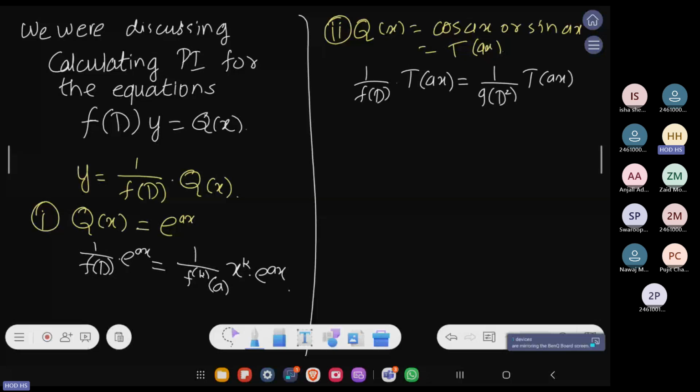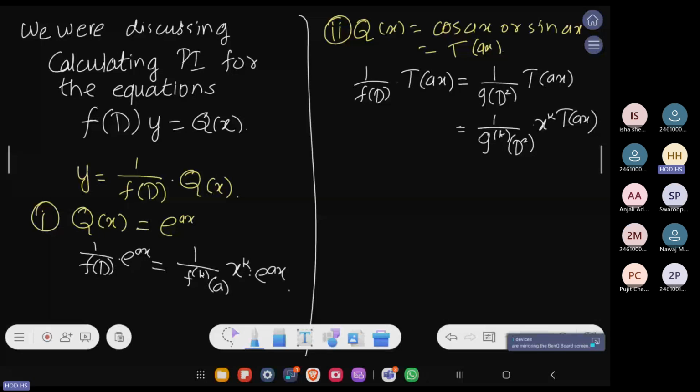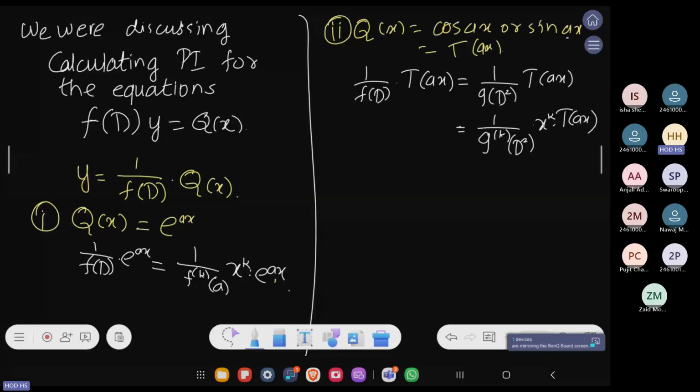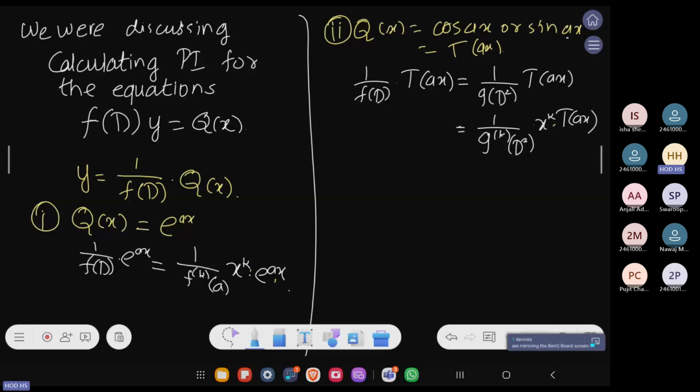We converted the function, considered the function of D square only, and then calculated it as x to the power k over the k-th derivative of the function of D square, where again k is the multiplicity of the root, but the multiplicity of the root corresponding to the trigonometric ones is ia, not just a. So here k is the multiplicity of the root a, and here this k is the multiplicity of the root ia. Okay, a may not be the root, but ia will be the root.